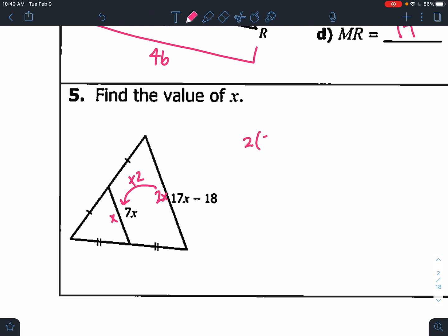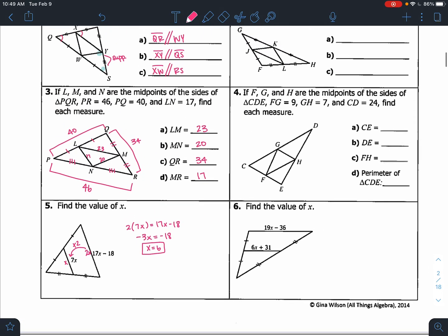So 2 times 7x will equal 17x minus 18. Whenever I rearrange all of this, I end up with 14x, so negative 3x whenever I bring over the 17 is equal to negative 18. X is equal to 6. Remember, you can always plug these in and double check them. So those are our midsegments.